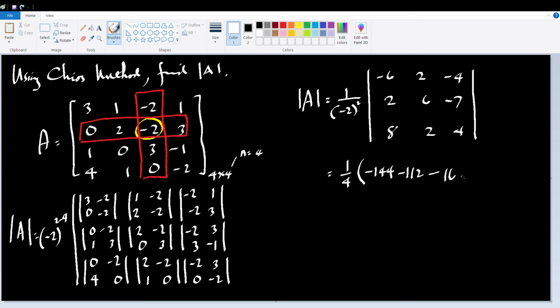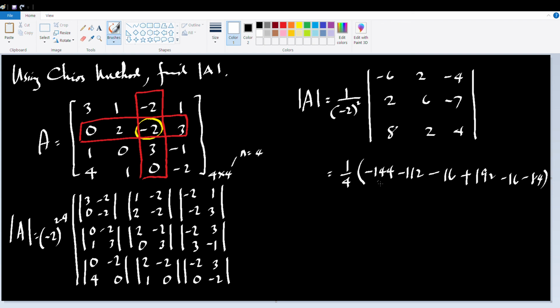Minus, minus, so that should be plus. 24 times 8, 192. Okay, 192. Then minus 2 times 2 times 4 is 16. Then minus 6 times negative 7 times 2.